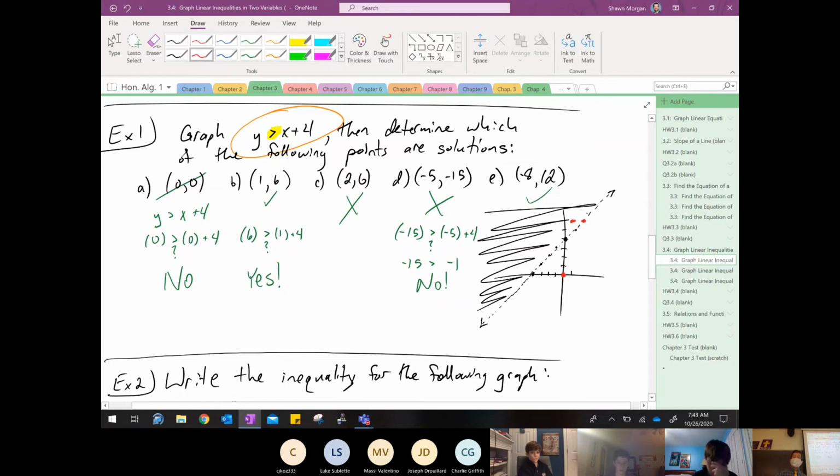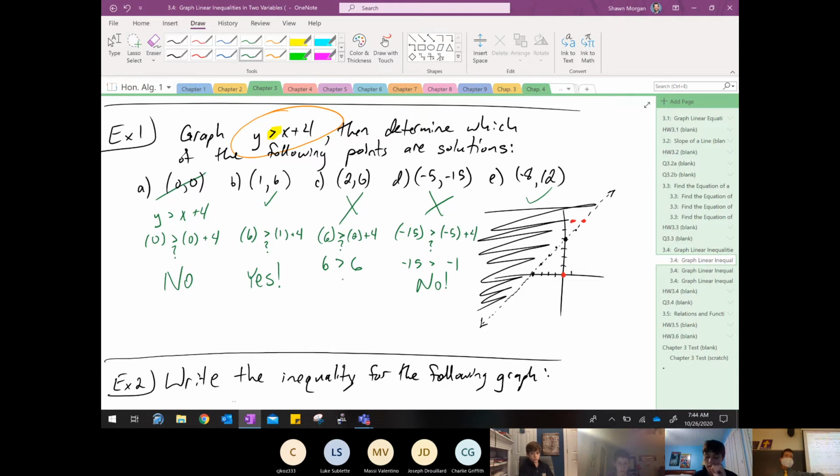No, it was on the line. You might have noticed that if I plugged in 6 for y and asked, is that greater than 2 plus 4, plugging in 2 for x, we had 6 is greater than 6. That's close. What would have made that true?